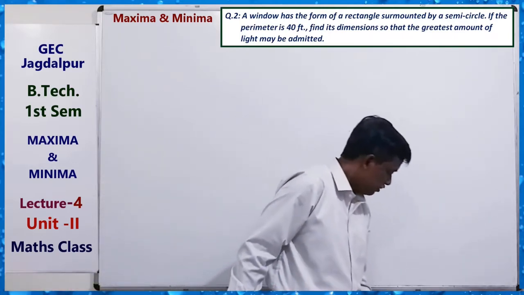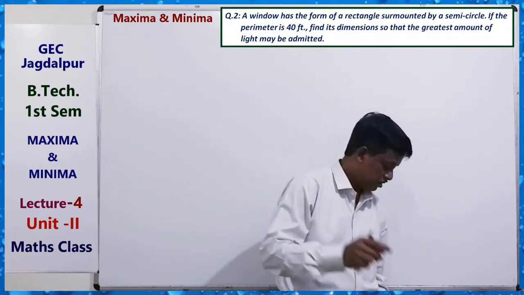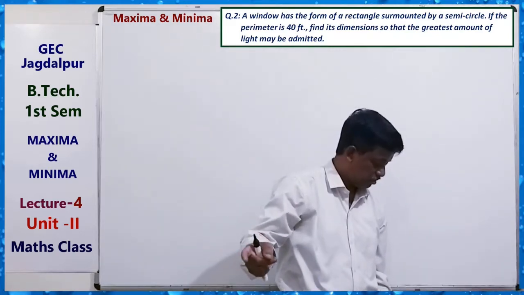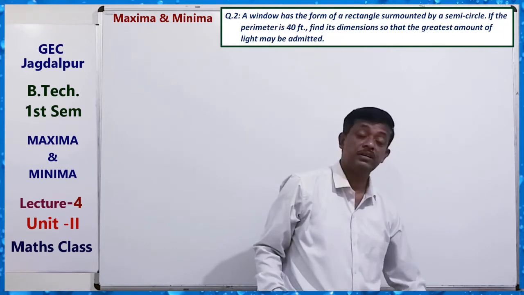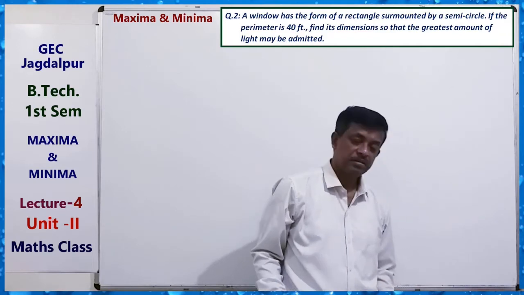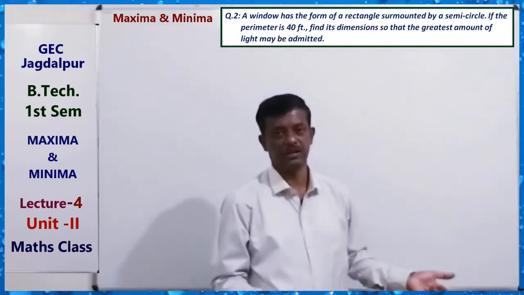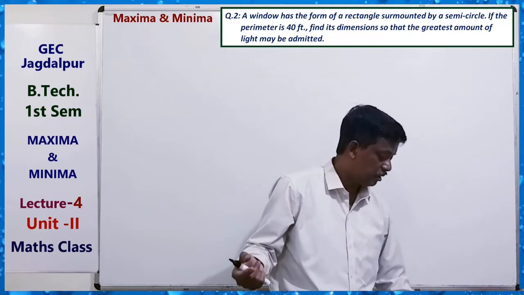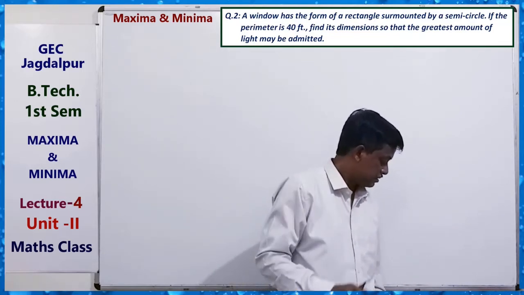So here, what is dimension? The window has a rectangle surmounted by a semicircle, perimeter is given as 40 feet, and we have to find its dimension. Okay, so dimension means length, breadth of rectangle and radius of the semicircle. So length and breadth we have to find here, and radius.